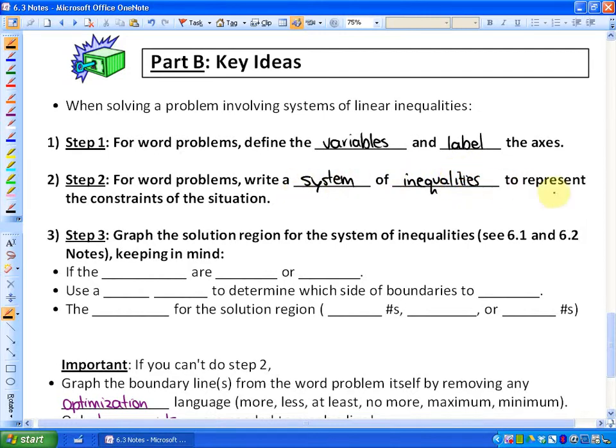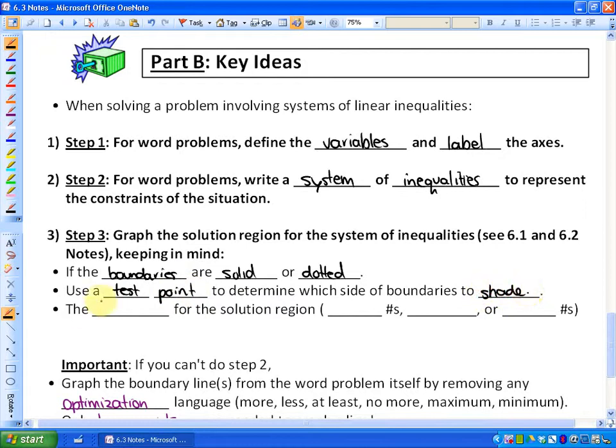Step 3, graph the solution region for the system of inequalities, and you can see the 6.1 and 6.2 notes. Keeping in mind a few things. First of all, if the boundaries are solid or dotted, so included or not included in your solution, then you should also use a test point to determine which side of the boundaries to shade.